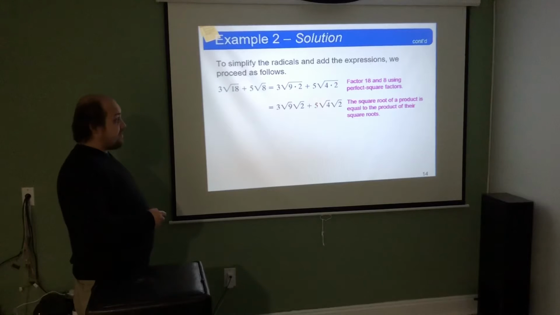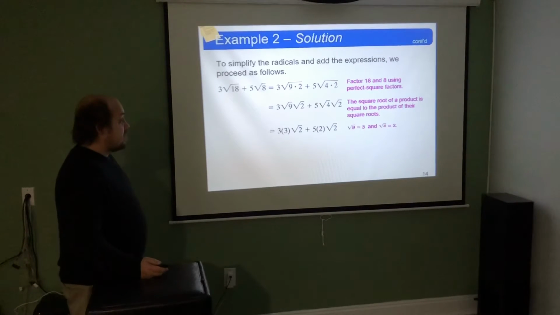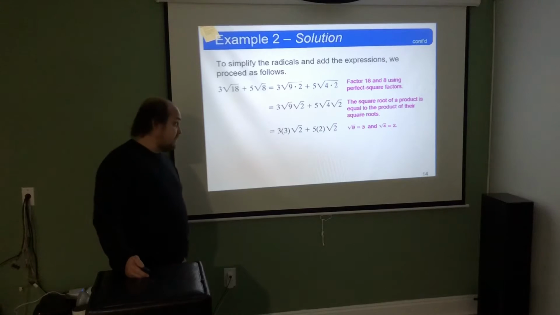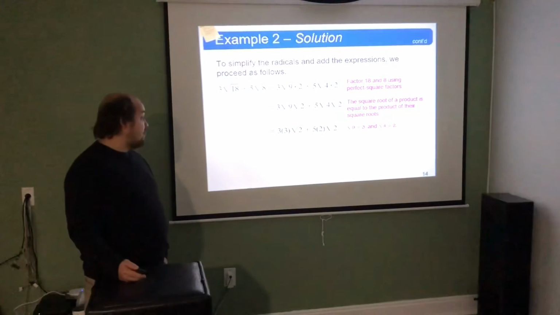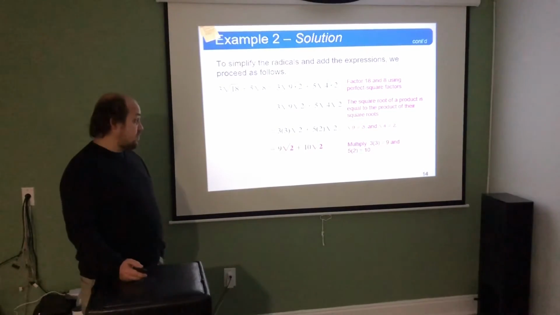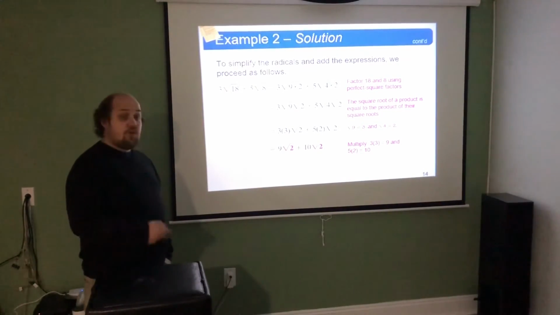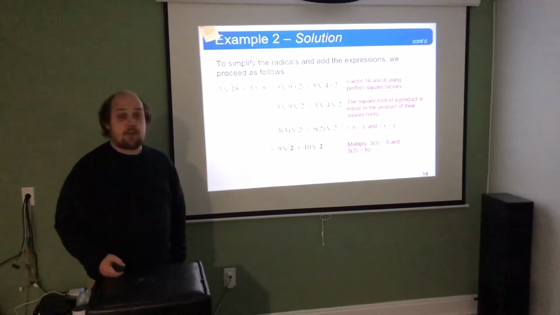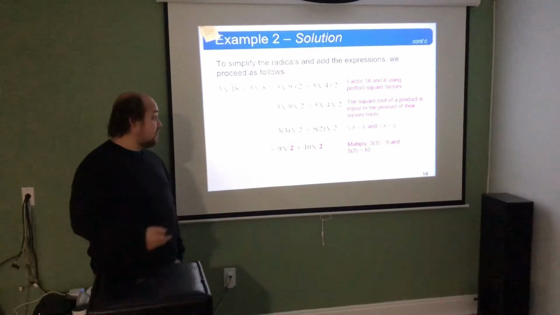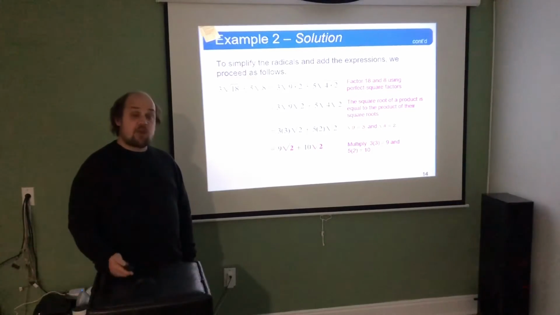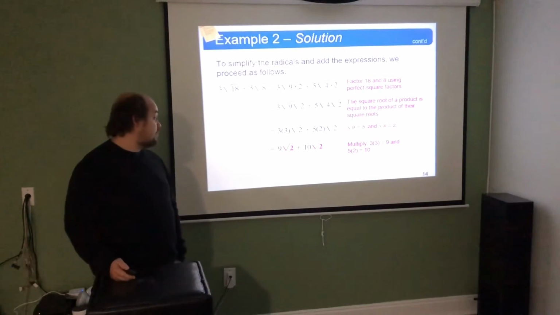This used to be 5 times root 4, it's going to become 5 times 2 outside. So 3 times 3 roots of 2, 5 times 2 roots of 2, simplifies to 9 root 2 and 10 root 2. This should look very similar to what we were just doing, where we just have to combine like terms to finish the problem. 9 roots of 2 plus 10 roots of 2 gives me a total of 19 roots of 2.